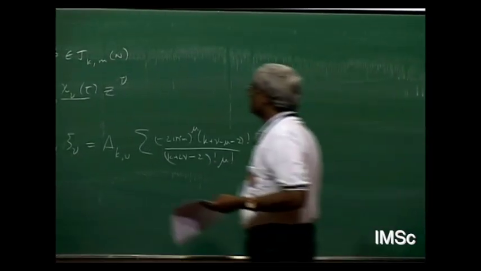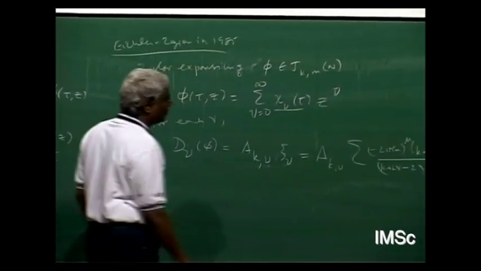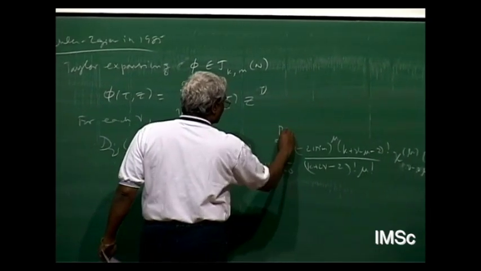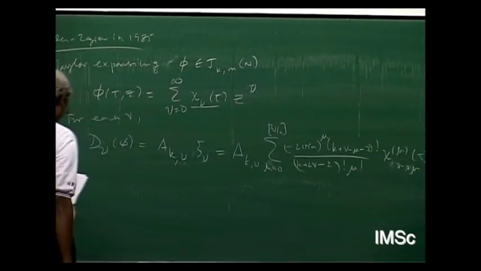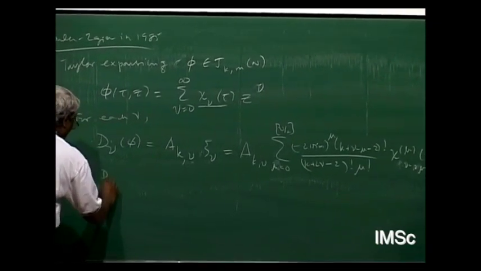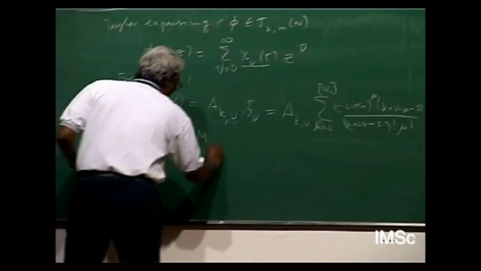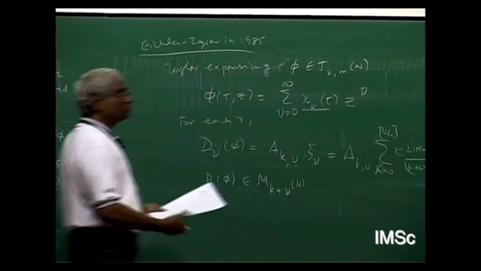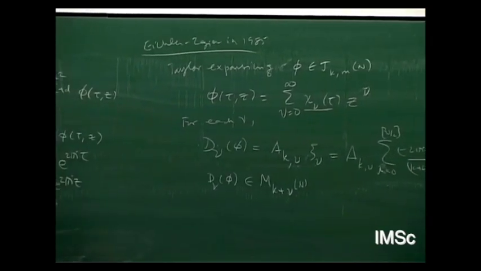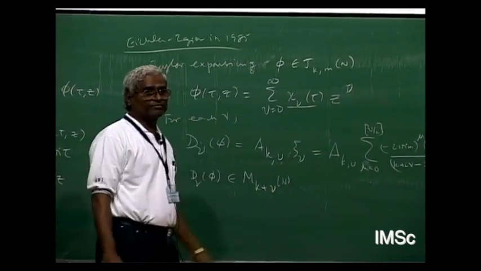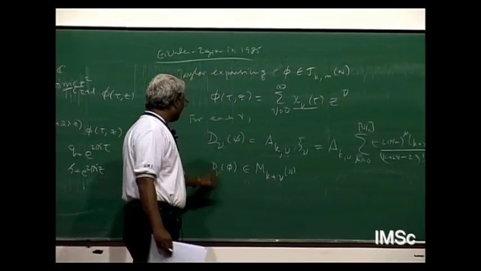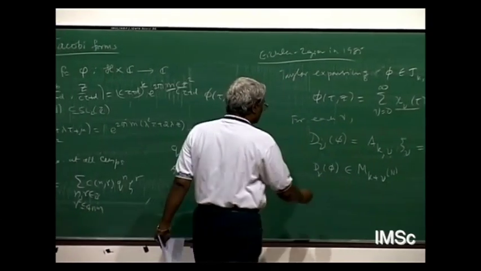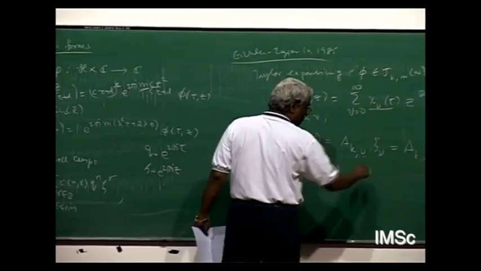So once you have this combination of these chi's, one can see that D_nu phi is a modular form of weight k plus nu on gamma 0 N. So for each nu we have a differential operator mapping the Jacobi forms to the space of modular forms. So from nu equal to 0 to 2m, I have 2m plus 1 differential operators mapping these Jacobi forms to modular forms.